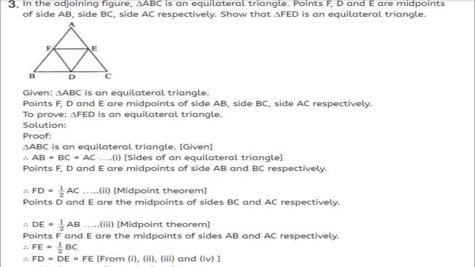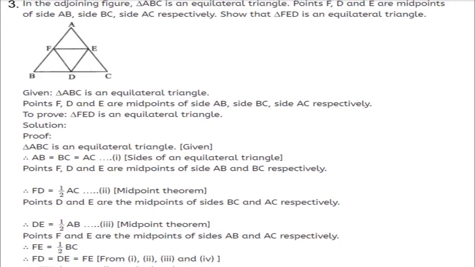Take it as equation number 4. So, from equations 1, 2, 3 and 4 we get FD is equal to DE is equal to FE, because in the first equation AB is equal to BC is equal to AC. So half of AC is equal to half of AB is equal to half of BC also.